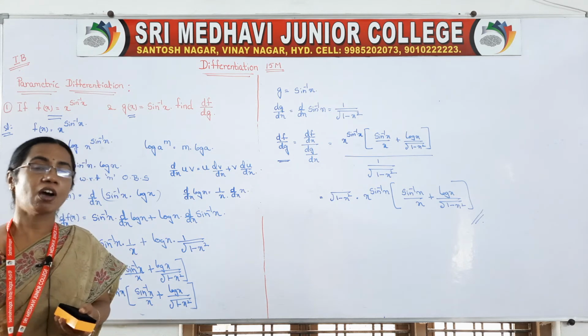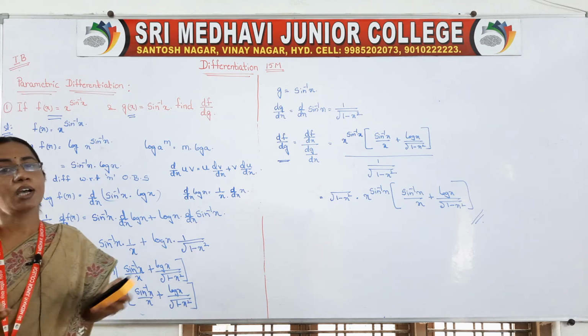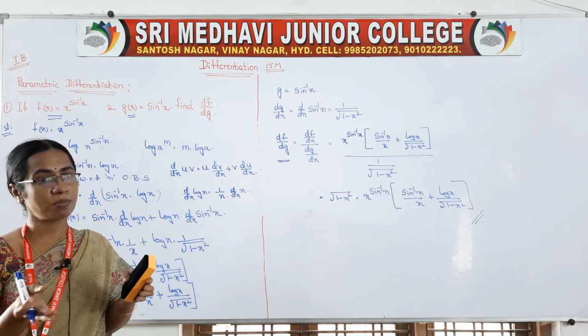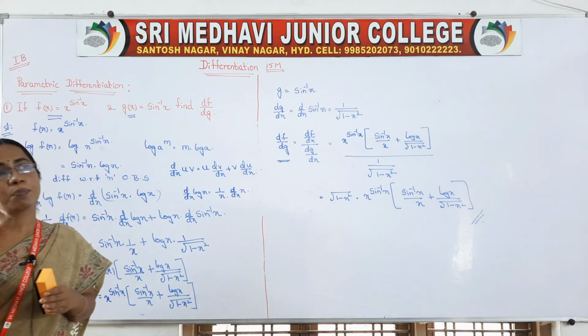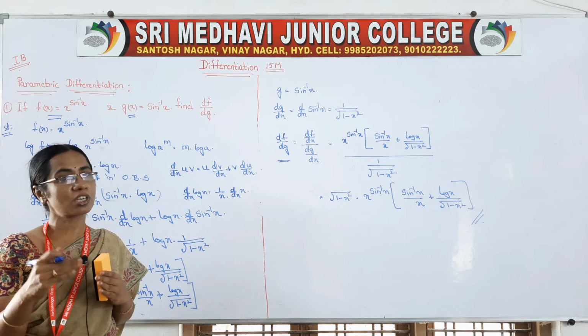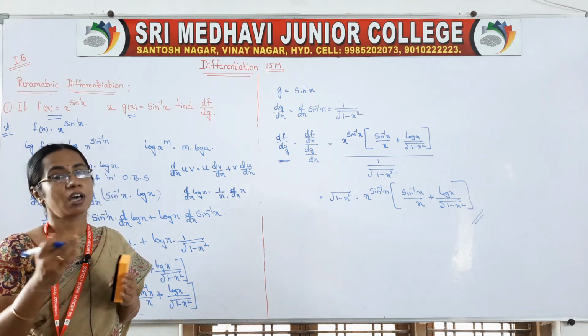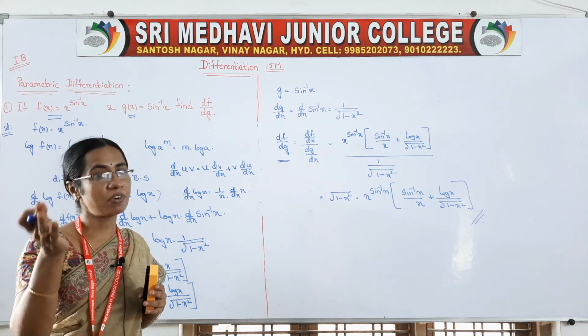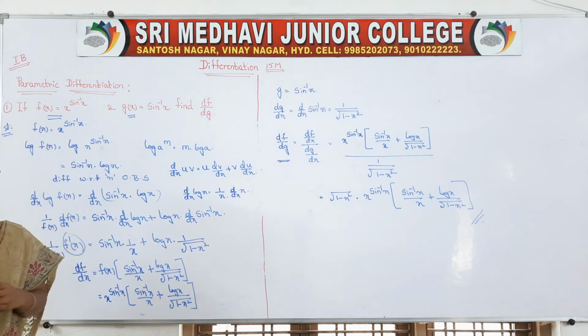Then come to the logarithmic method. We go to the logarithmic method when the function has a variable base and the power is also a variable. That means instead of x square or x cube, we have x to the power of cos x or cos x to the power of sin x, with the power also in terms of a variable. Then take log on both sides and differentiate with respect to x.